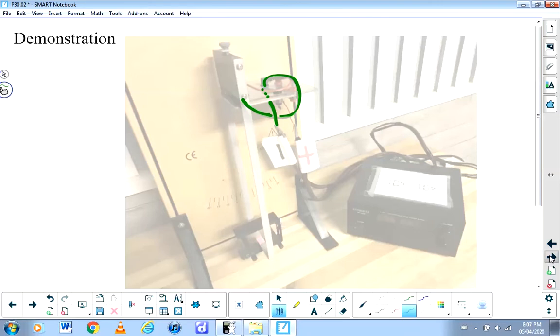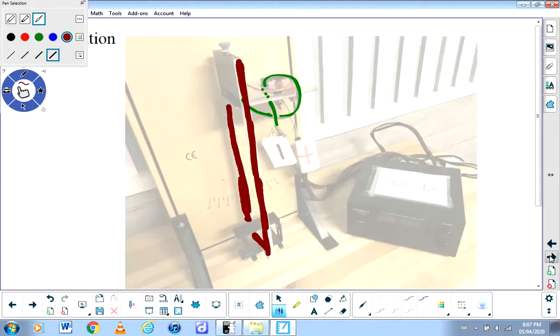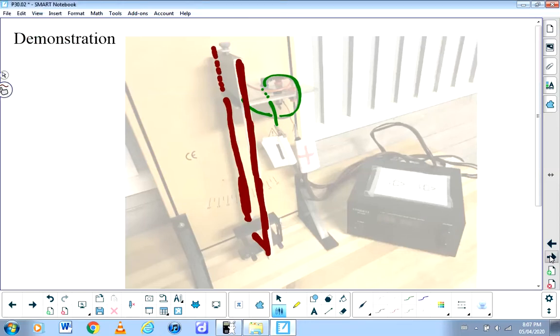I'm going to add something to this diagram, and then I will immediately get rid of it. We've got a U-shaped piece of metal which comes all the way down, goes in, and then goes up. And it's behind here.